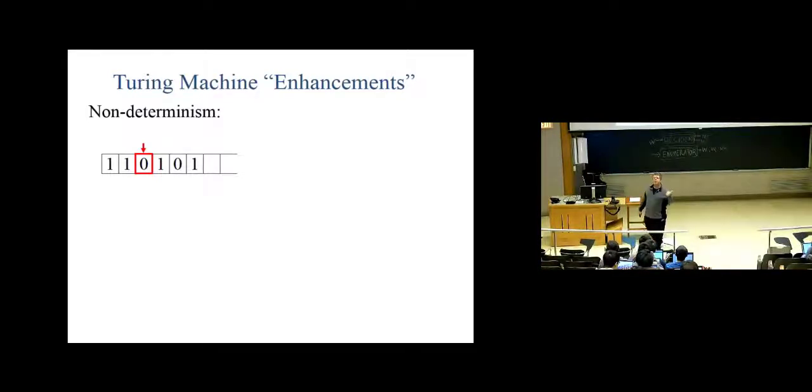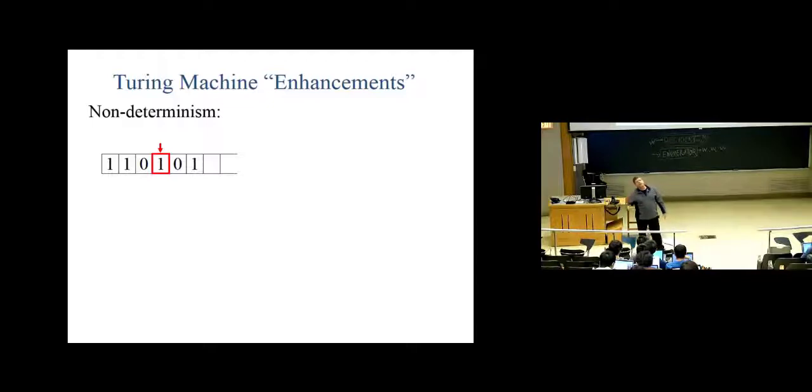By the way, any questions about everything we covered so far, which is a quick summary of what we did in the last lecture? So non-determinism, you can have choices of next steps, right? And just like non-determinism in finite automata or non-determinism in push-down automata, the computation bifurcates, and you have a computation tree, not just a computation sequence of states, but a computation tree of states.